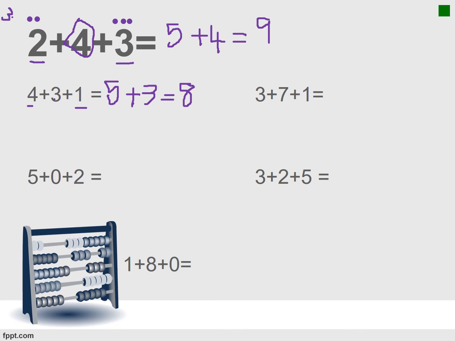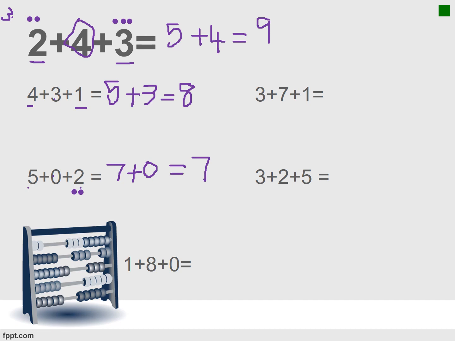Next, the first number here is number 5 and the last number is number 2. So let's add 5, 6, 7. 7 here plus 0. 7 plus 0 equals 7. Okay.